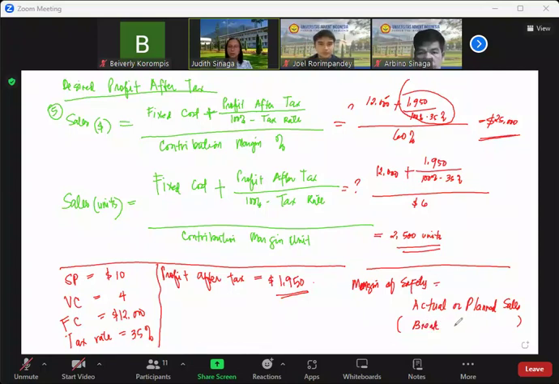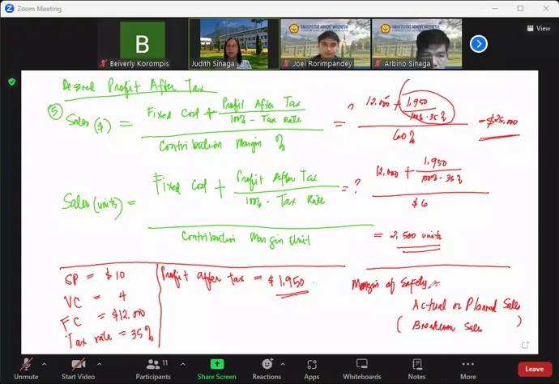Jadi margin of safety itu memberikan berapa yang aman, buffer gitu ya. So you deduct break even sales.